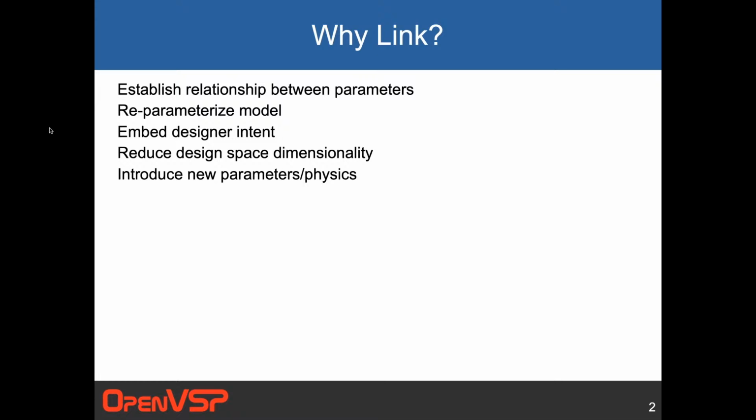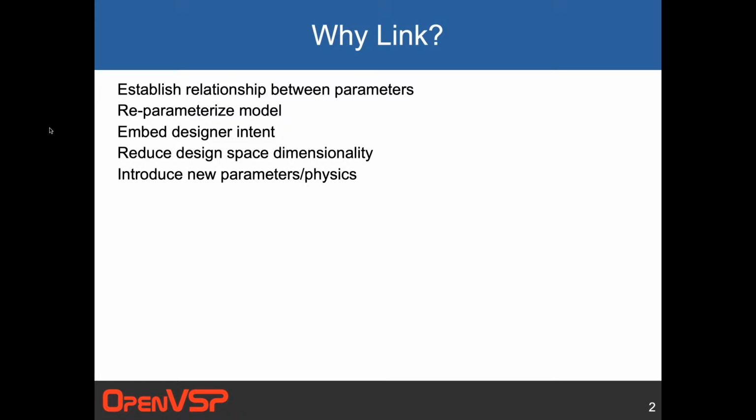Linking allows you to establish some relationship between disparate parameters. And doing this allows you to change the parameters of a model, essentially. You can build your designer intent into it so that you build what you want your model to be like into it. And through that, you reduce the design space dimensionality.